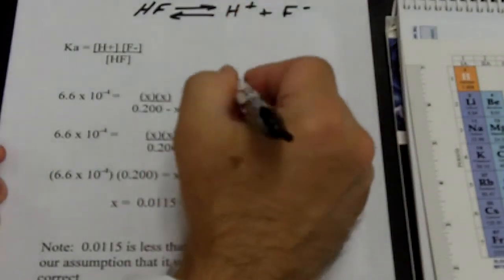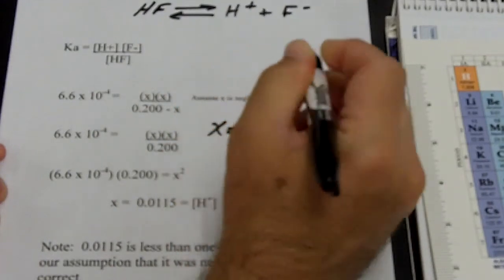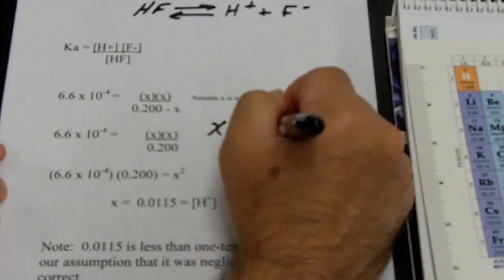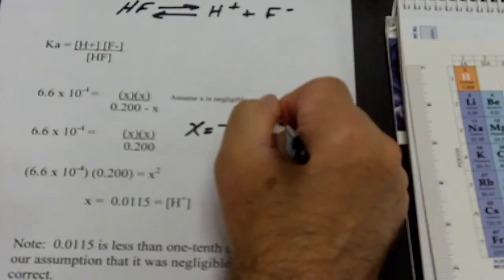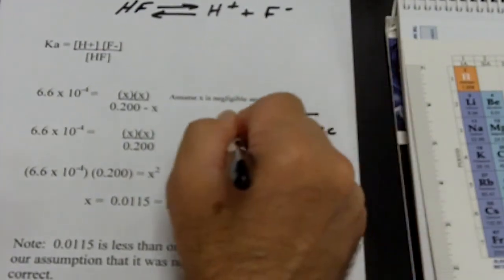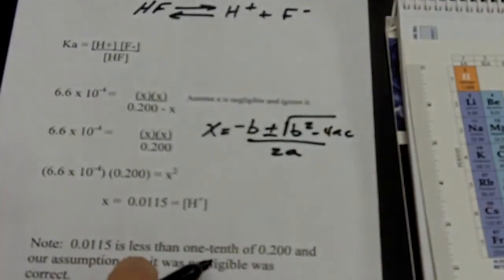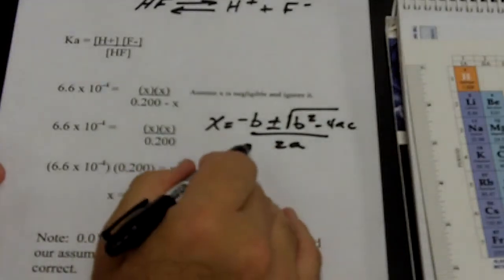For your purposes, I'm going to give you the formula for the quadratic equation. It's X is equal to minus B plus or minus the square root of B squared minus 4AC over 2A.